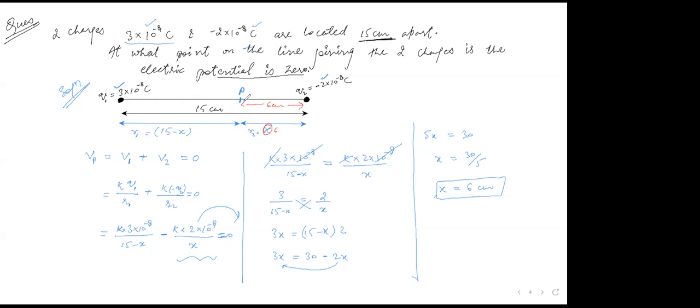Now, what is your R1 and what is your R2? For R1, you can calculate 15 minus X. You can write 15 minus 6, and this is 9 centimeter. I mean, at 9 centimeter from Q1, your point P is lying here.